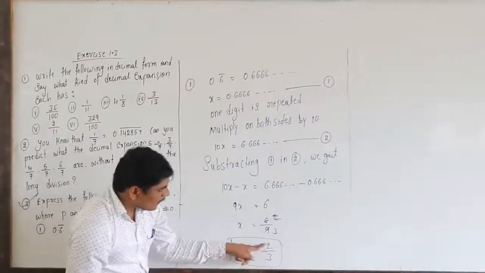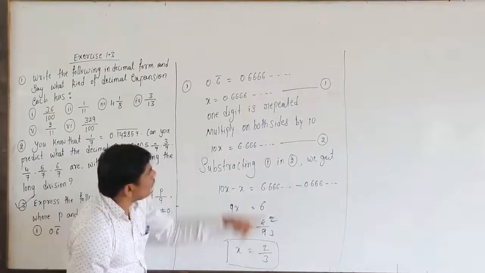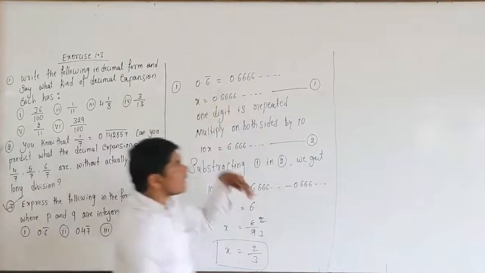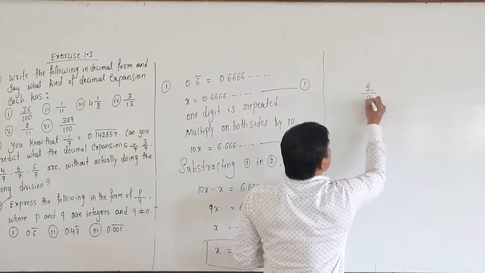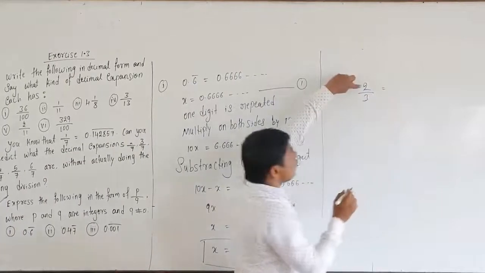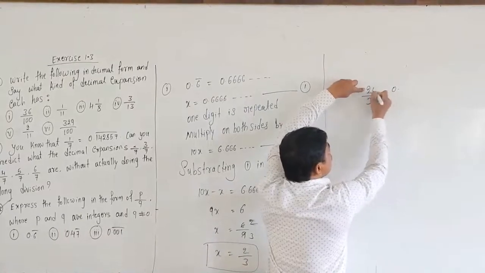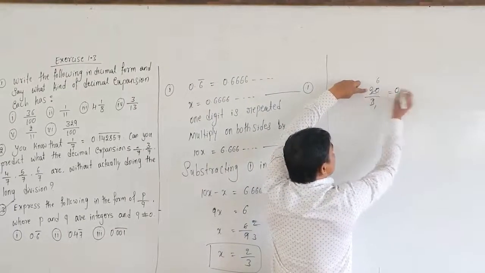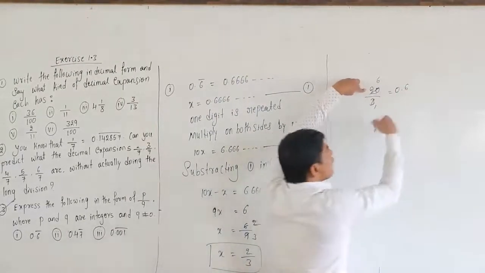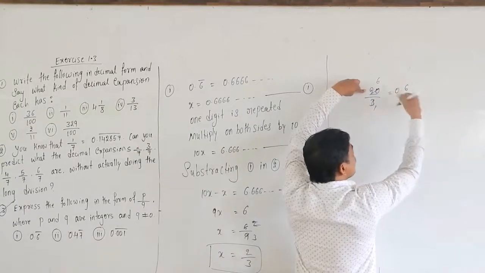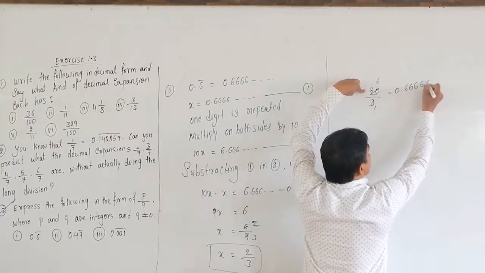Now after simplification, this rational number we get 0.666. You check it here. 2 by 3: 2 is smaller than the denominator, that's why you take a point and 0, 20. 3 6s are 18. Again the remainder is 2. Again you take a point and 0, 20, and this value is 0.666 and so on.